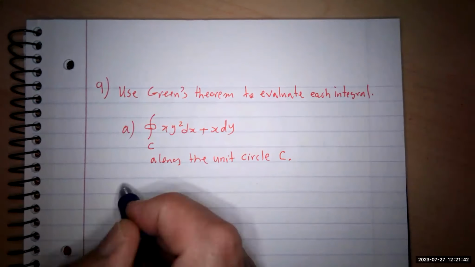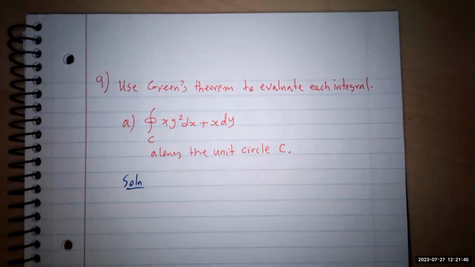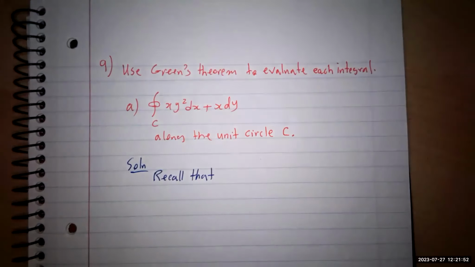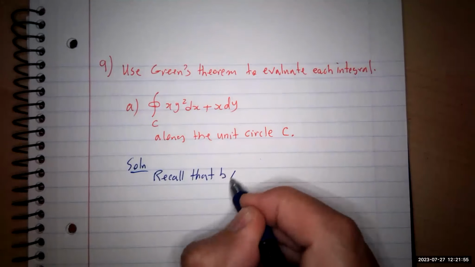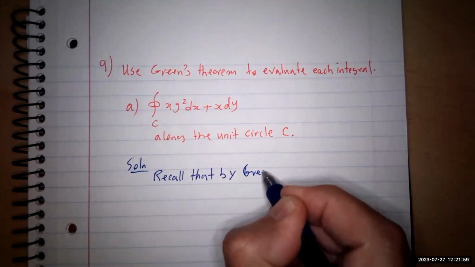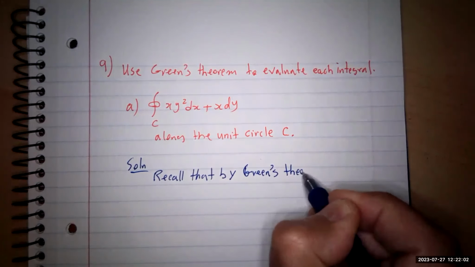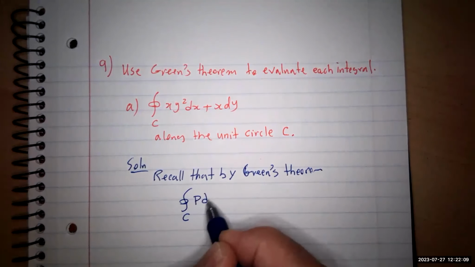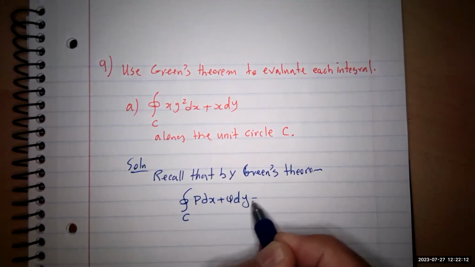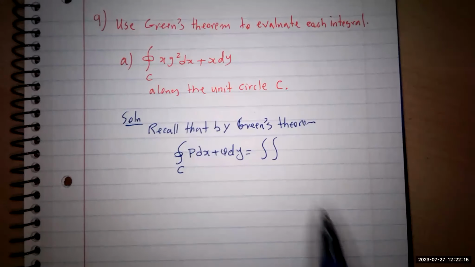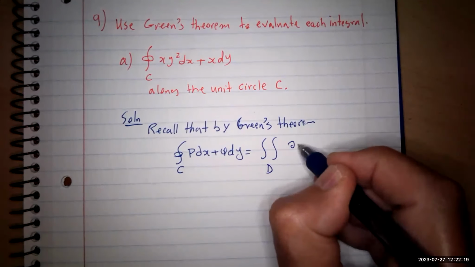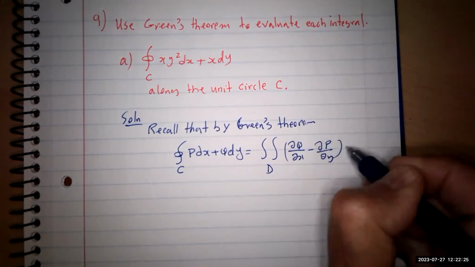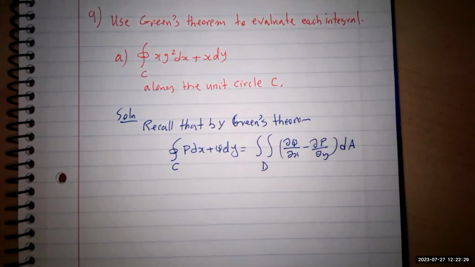Just to remind you, solution: recall that by Green's theorem, any integral of this type on the closed curve, P dx plus Q dy, is going to be equal to the double integral on the domain D of the partial Q partial x minus partial P partial y, dA, or dx dy, depending on how we write it down.